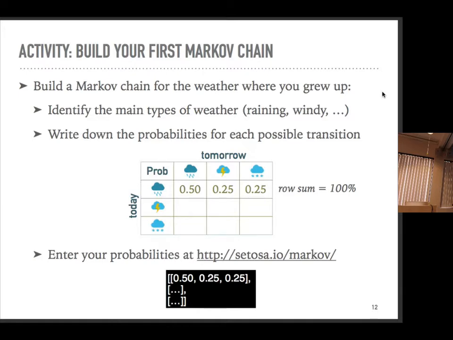If it's overcast, is the chance of it raining equal to the chance of it being sunny? I think it's in the overcast.